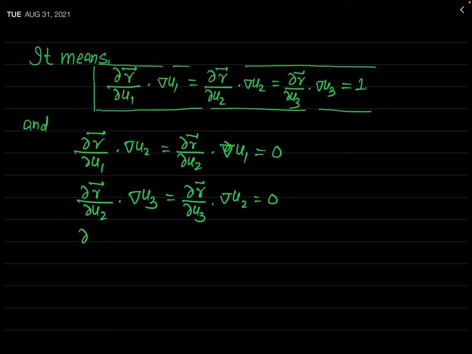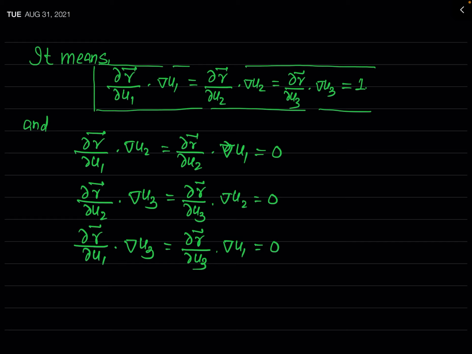And similarly, del r by del u1 dot del u3 is equal to del r by del u3 dot del u1.